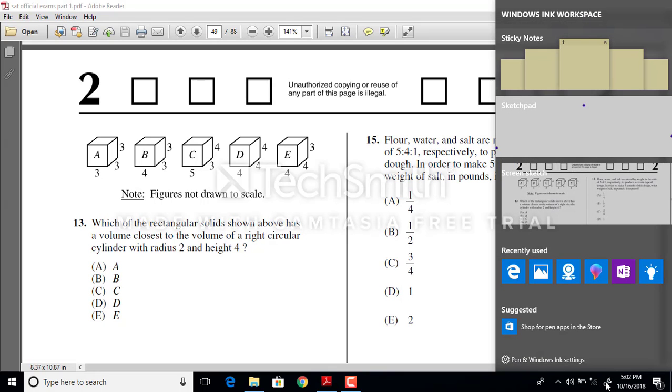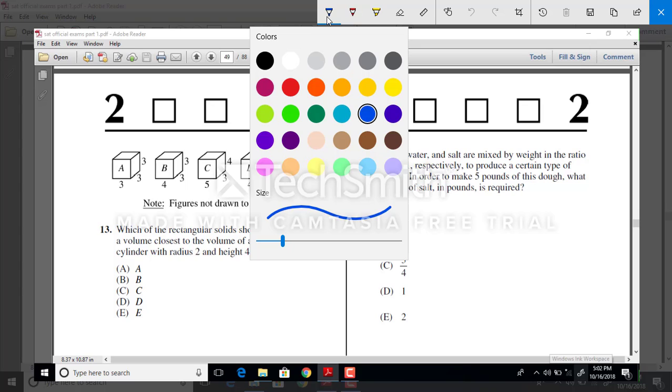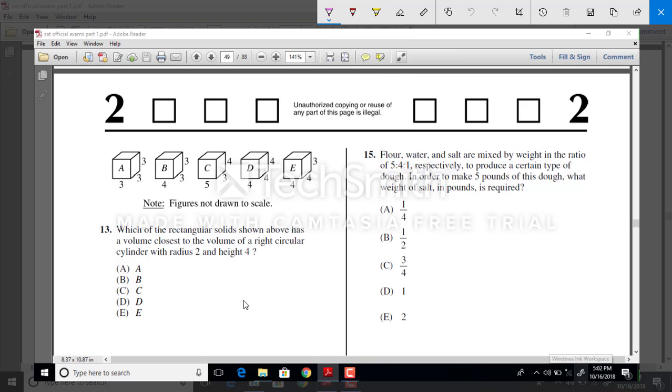Let's go back to the volume of the cylinder. What's the rule of the volume of the cylinder? Actually, the cylinder has two bases, which are circles. And when we extend the circle by its height, we get the volume. So let's remember the rule.